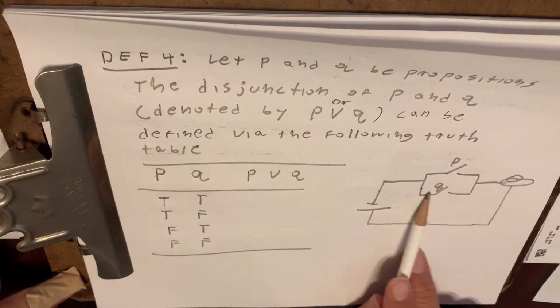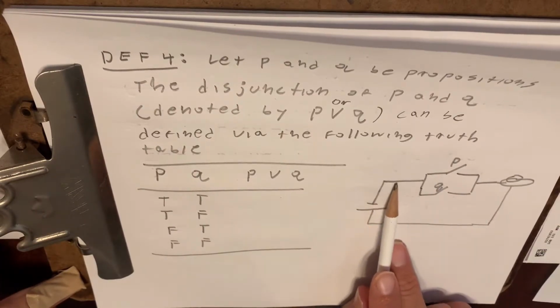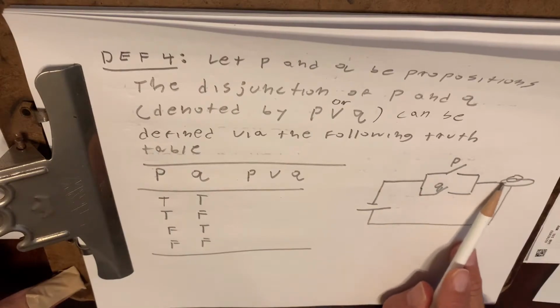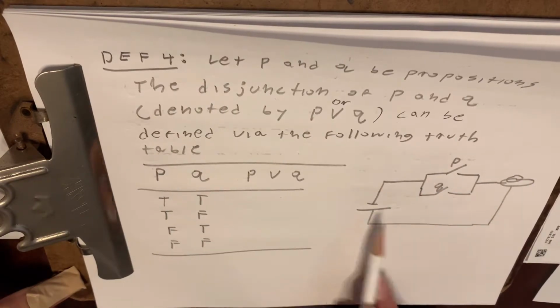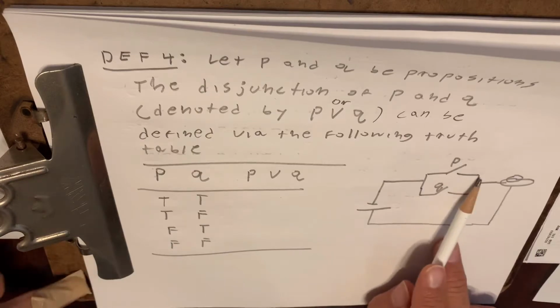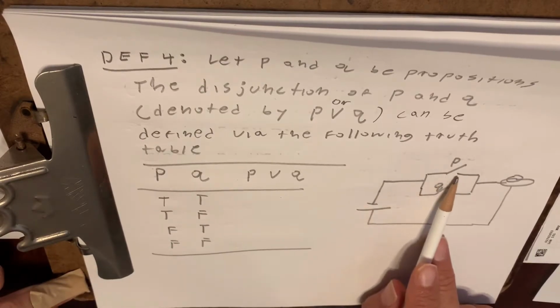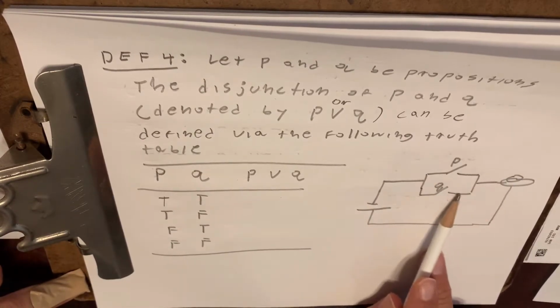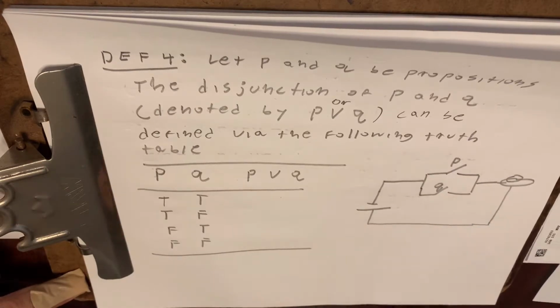If P is off but Q is on, the electrons will flow. And if both are on, which means both are true, the electrons will flow. Some might flow this way, some might flow this way, but they'll still flow.